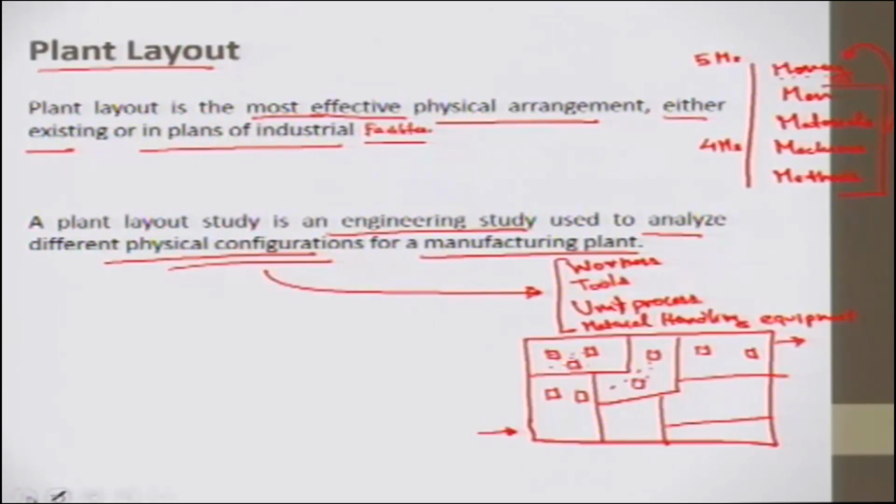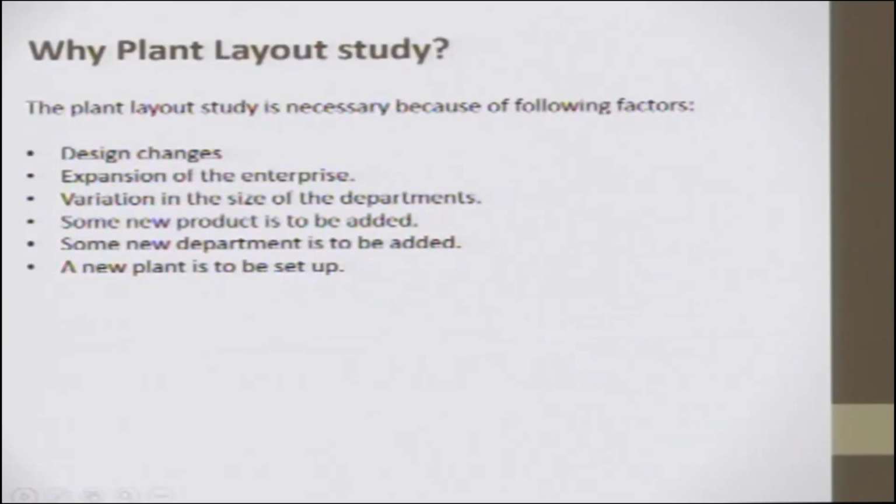Now next is, why do we need a plant layout study? Many situations give rise to the problem of plant layout. Two plants having similar operations may not have identical layout.